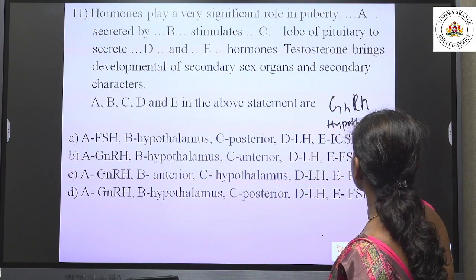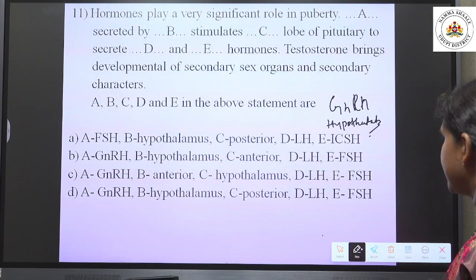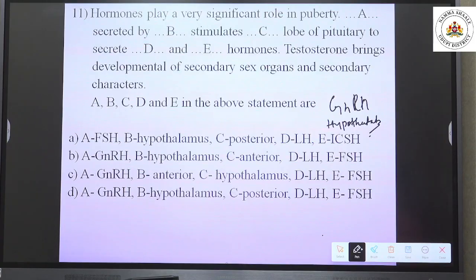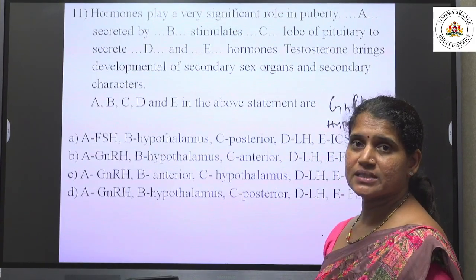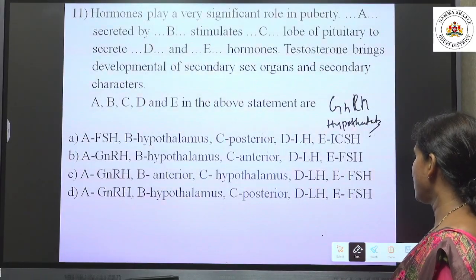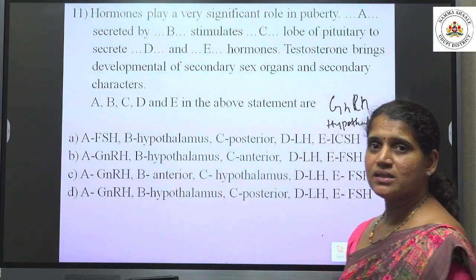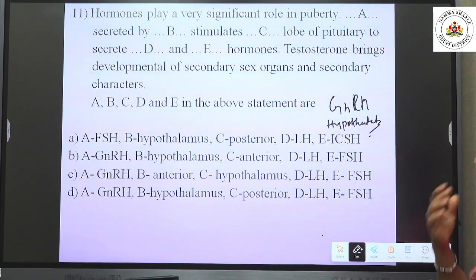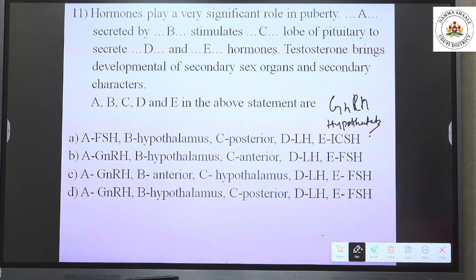It stimulates the anterior part of the pituitary to secrete LH and FSH. They are required for the normal functioning of the gonads at puberty.